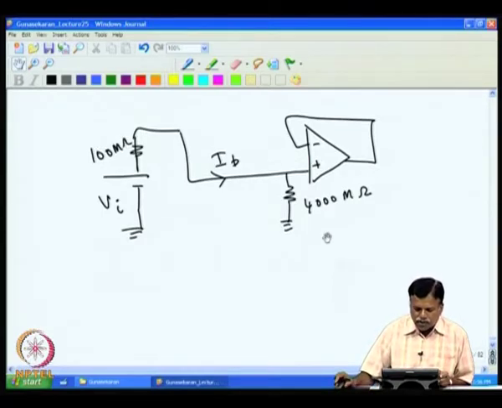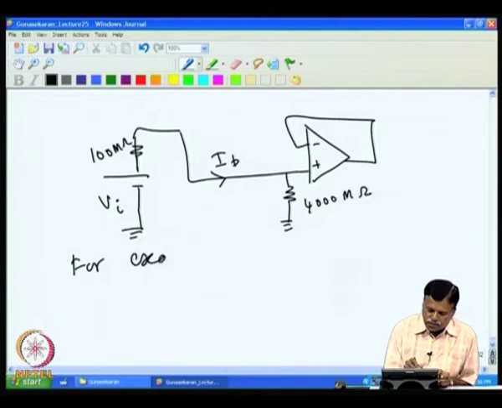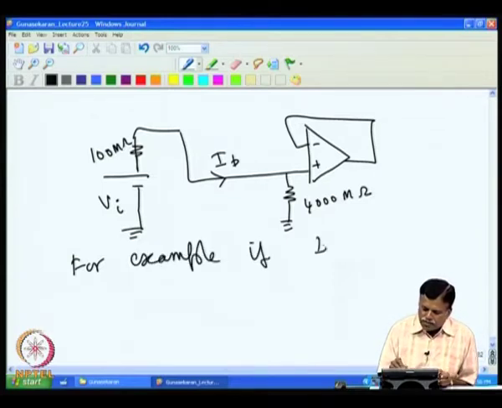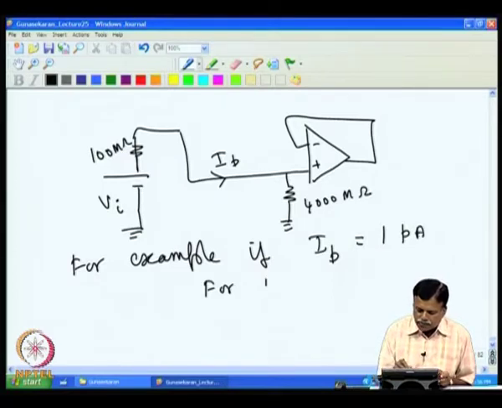For example, if Ib, the bias current, is equal to 1 picoamp for FET input op amps, because you will have very low bias current.